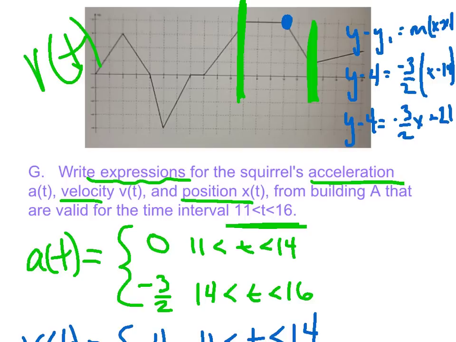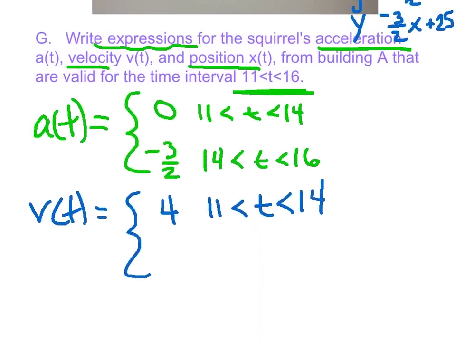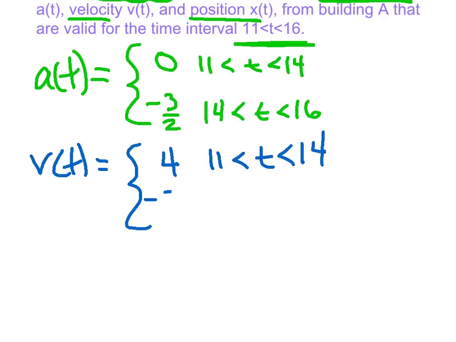And then I'm going to add over the 4. So that's negative 3/2 x plus 25. So I would put that in my equation here, negative 3/2 x plus 25, and that's from 14 to 16.